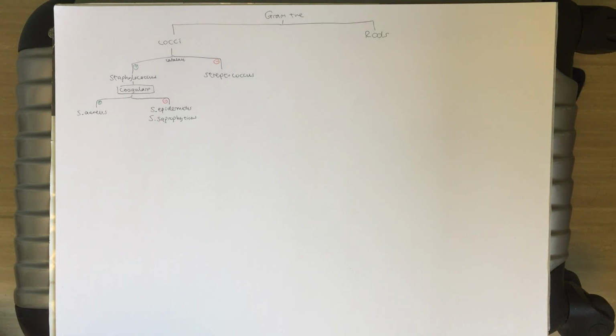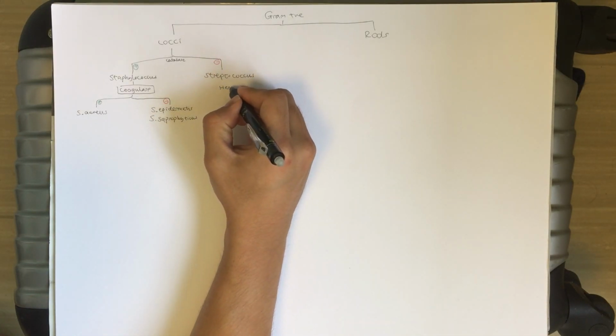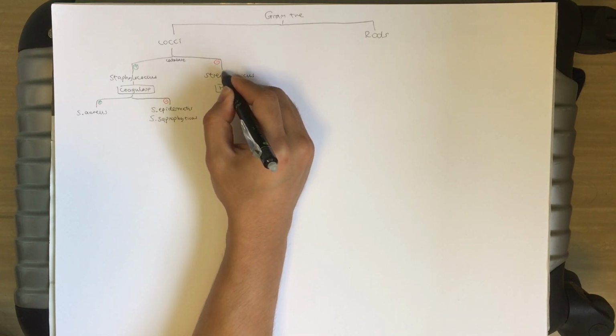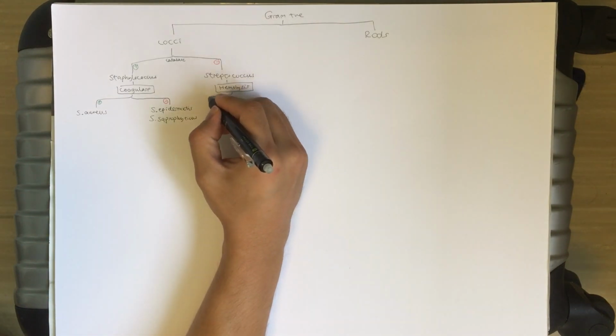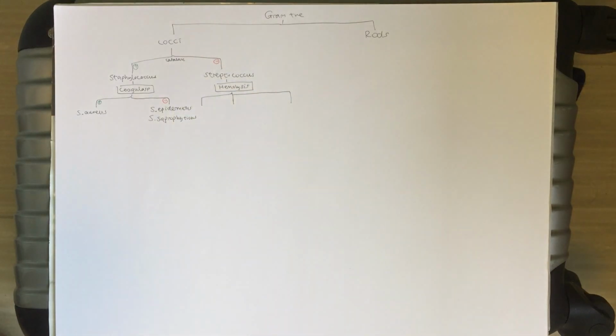And then for the streptococcus, you can categorize them depending on hemolysis. So hemolysis is what happens when you put them in blood agar. So with this one, you have three categories. You're gonna have alpha.